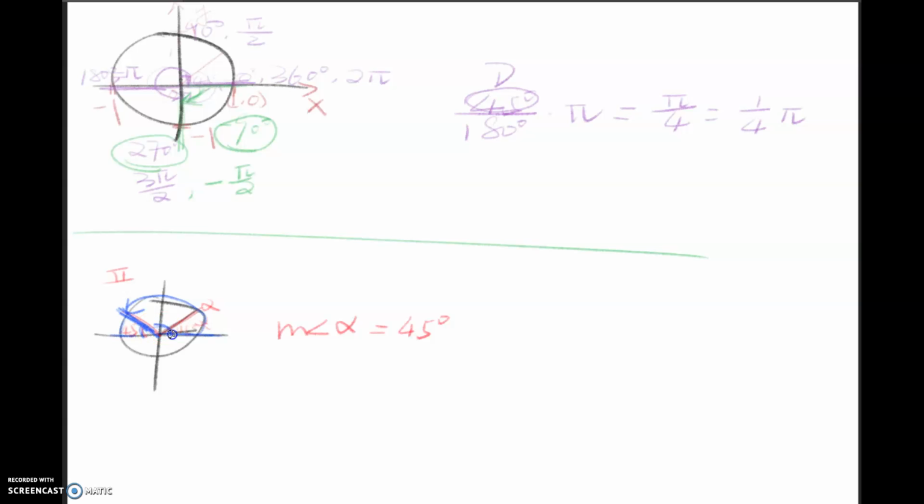So if I call this blue angle theta, if you remember, theta is a Greek letter, the angle measurement of theta will equal 180 subtract that 45 degrees, and that's 135 degrees. And remember, 135 degrees is 3 pi over 4 in radians. These two are the same, and this does not mean division.